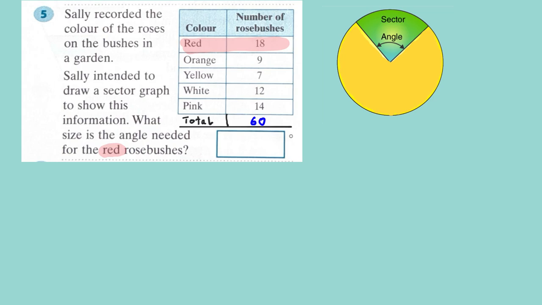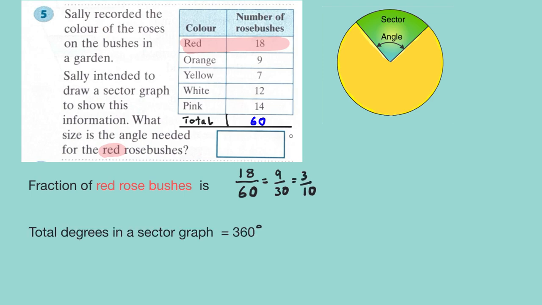The proportion of red rose bushes is therefore 18 over the total amount, 60. And this is going to be equivalent to 9 over 30. And if we divide it by 3, it'll be 3 over 10.